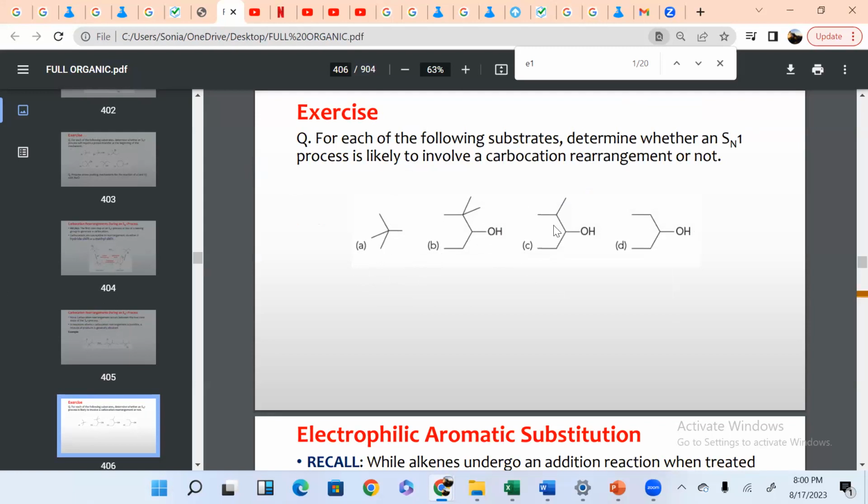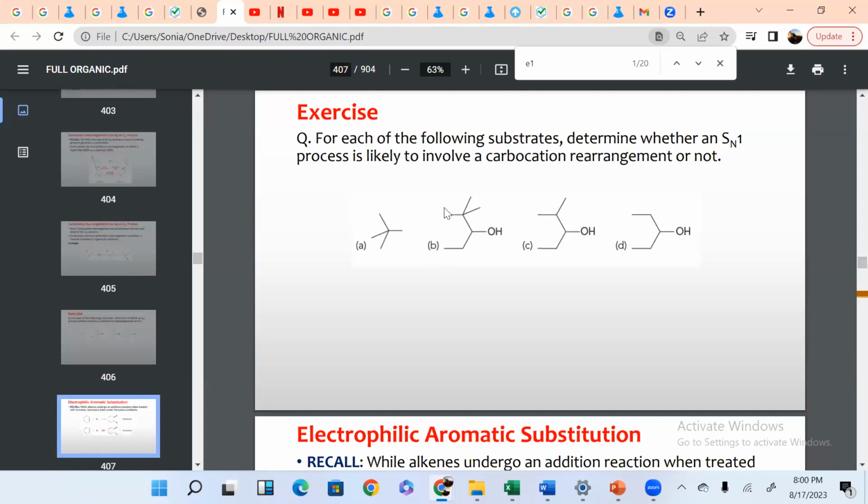If this leaving group exits, then we'll have the formation of a secondary carbocation. Here we will definitely have a carbocation rearrangement because we will be able to have a methyl shift from these two methyl groups here. One methyl group will shift here, and then the carbocation position will be here, forming a tertiary carbocation, which will be the most stable form of carbocation for attack by a nucleophile.